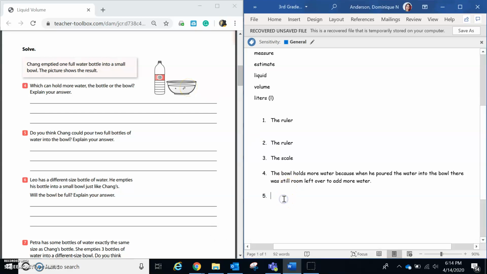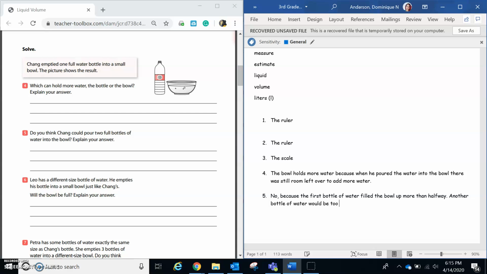So we're going to say no, because the first bottle of water filled the bowl up more than halfway. Another bottle of water would be too much.